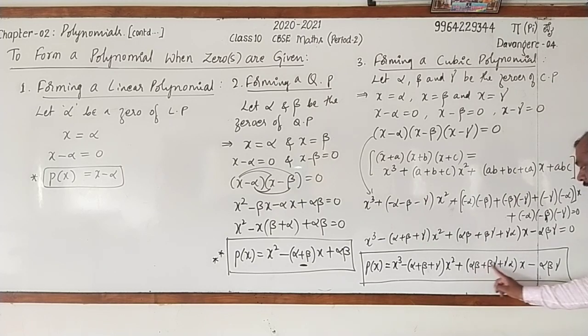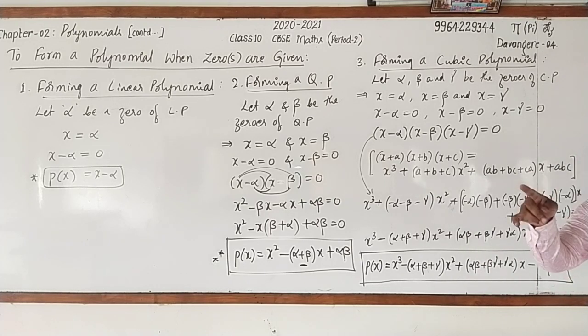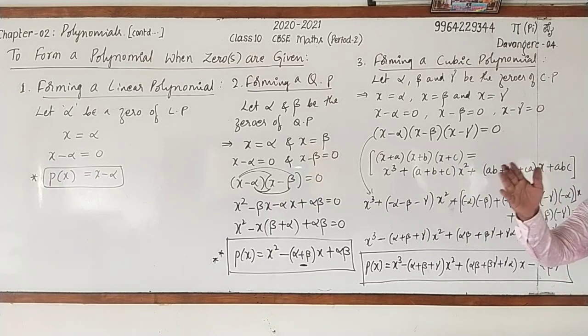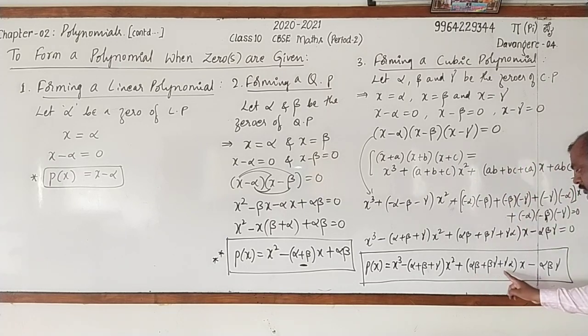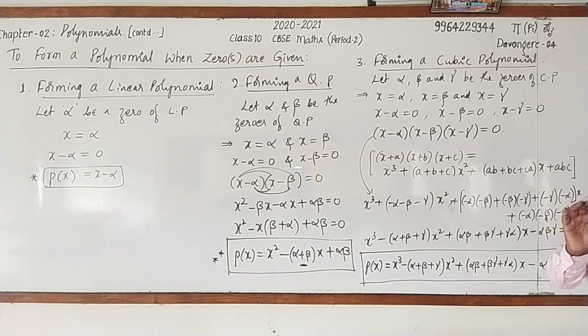The sum of the product of 2 zeros taken together. We have taken two zeros, alpha beta, beta gamma, gamma alpha. Their product is taken and those products are added. Hence we can say it is the sum of the product of 2 zeros taken together. Clear?